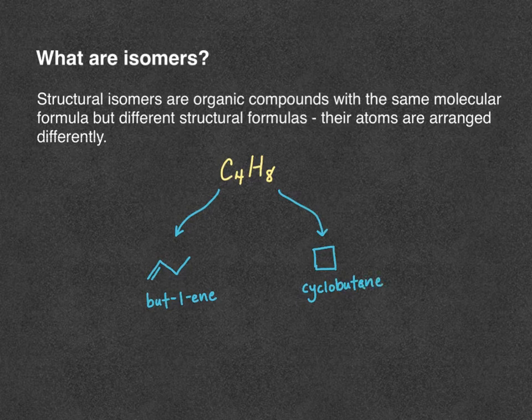These two chemicals have very different properties, but the same molecular formula. The only thing that they have in common is they both have 1 unit of unsaturation compared to the straight chain alkane.